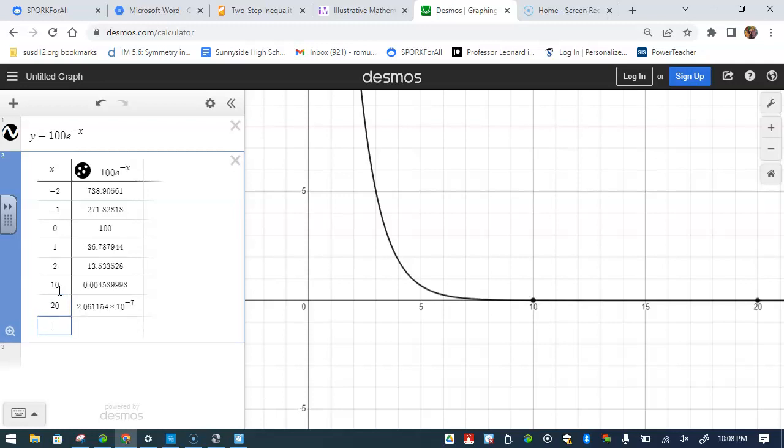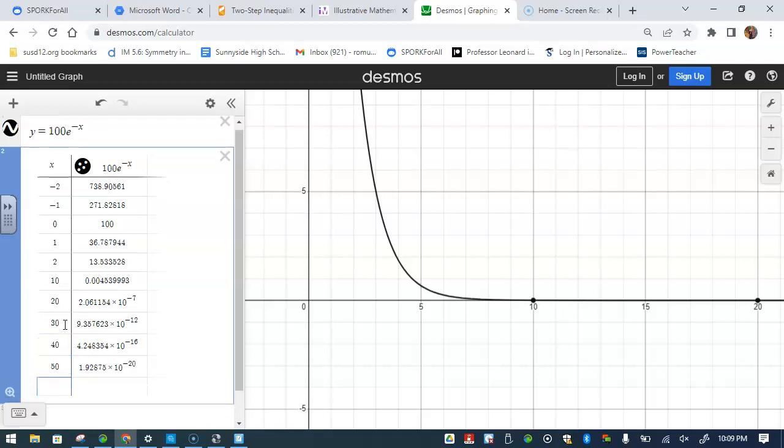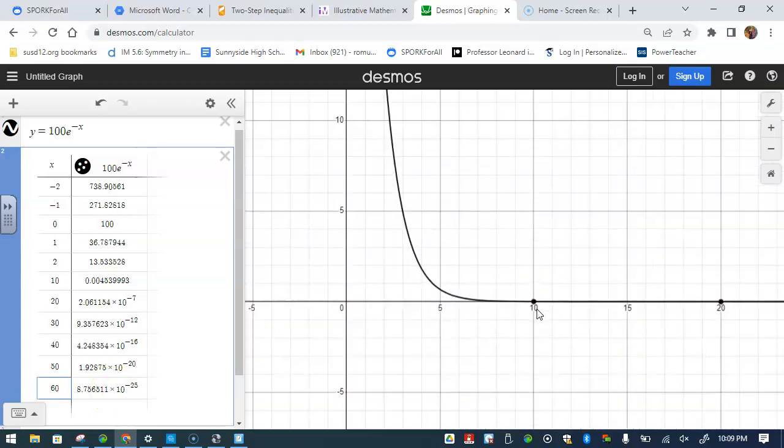They gave it in the form of scientific notation, but it's a lot of zeros there. And then you can see 30, put 40, put 50, put 60, and you'll see it never becomes zero. It becomes a very small number. So almost like showing it is zero, but it's not zero. Hope that helps.